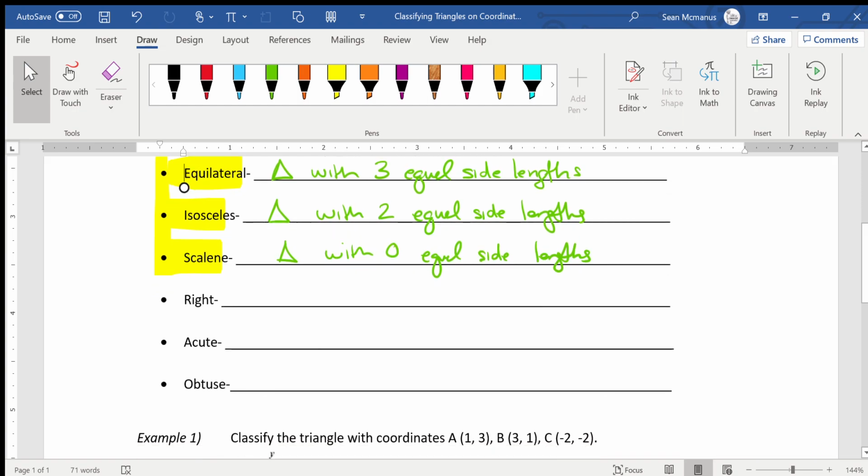I will point out that we could also classify triangles, to be even more specific, by utilizing the angle measurements. A right triangle is a triangle with one 90-degree angle.